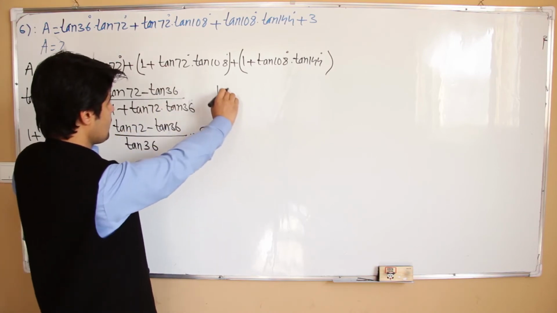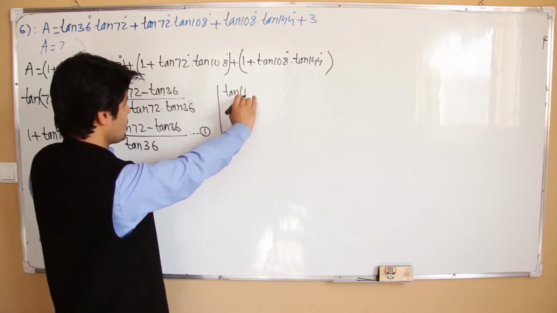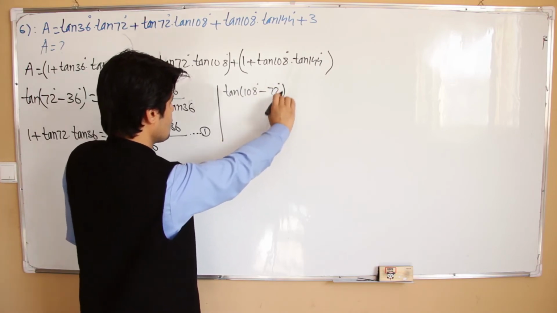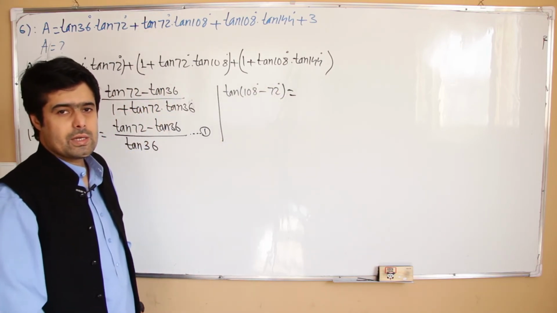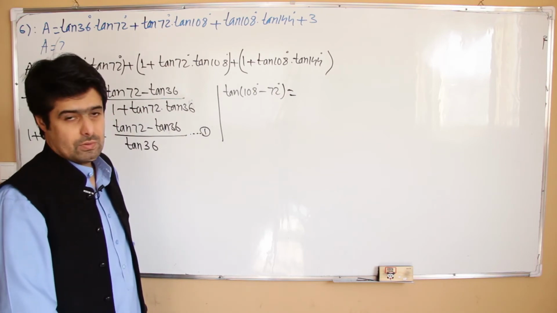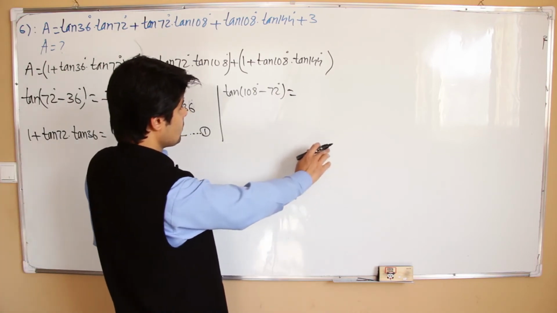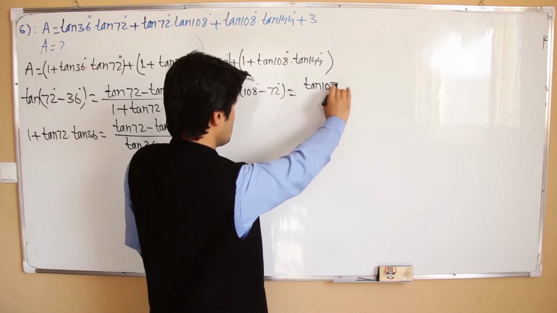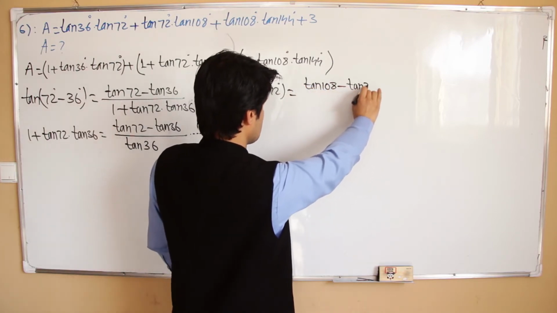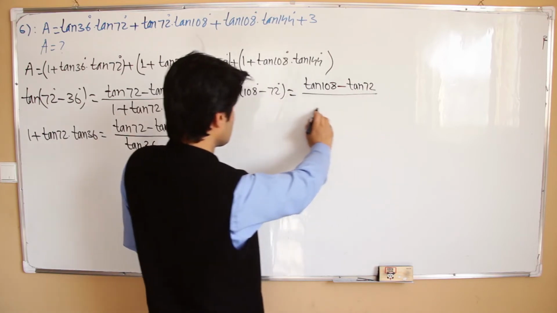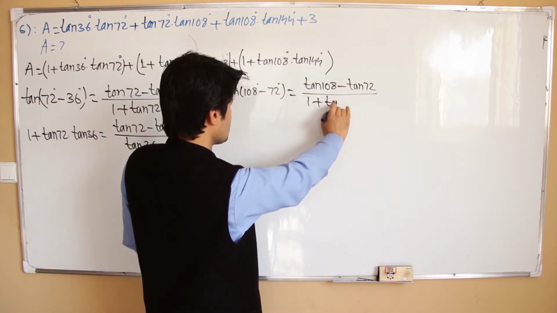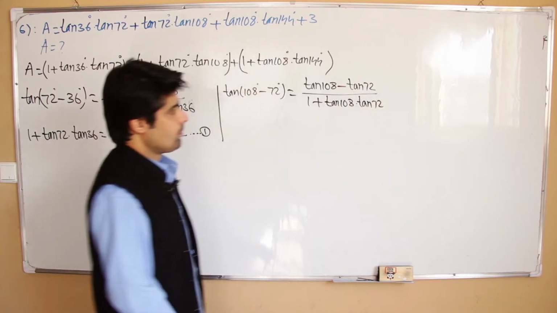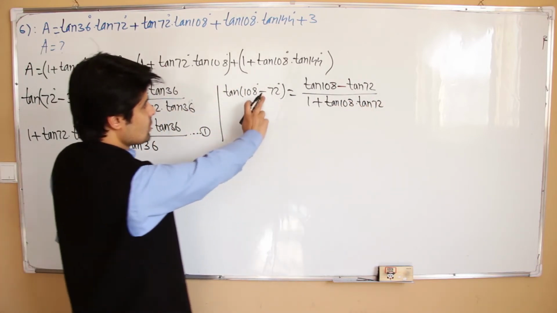For this one, I will define tangent 108 minus 72. I think you have got why I defined 108 minus 72. So, what is the formula? Tangent alpha minus beta is tangent alpha minus tangent beta divided by 1 plus tangent alpha times tangent beta. Can I change the position of this one?